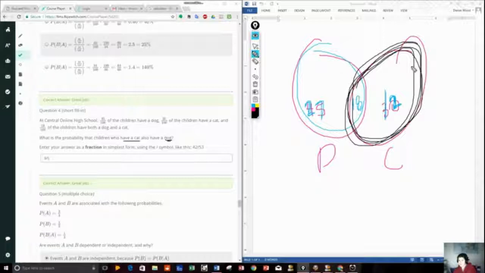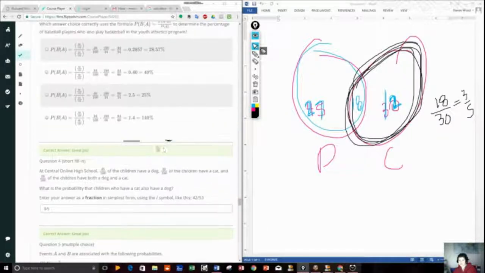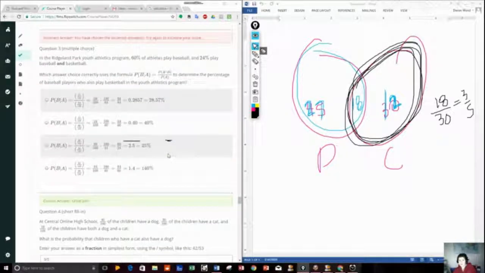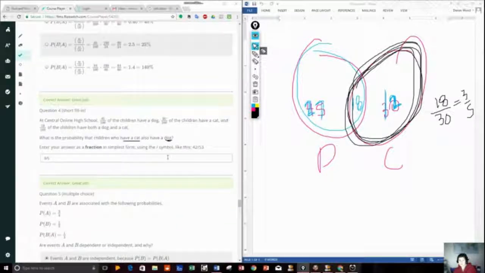There are 30 total in that circle, 18 and 12, and out of that, 18 have a dog. So we end up with 18 over 30, which reduces down to 3/5. That's another way of doing the same problem, just by visualization with our Venn diagram. There is your help for you, and if you need further assistance, let me know.